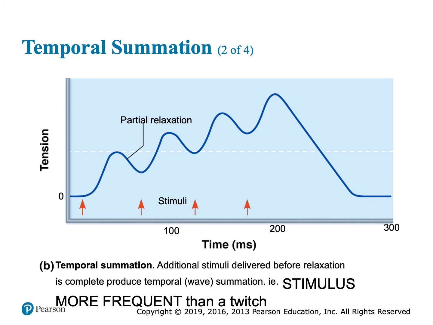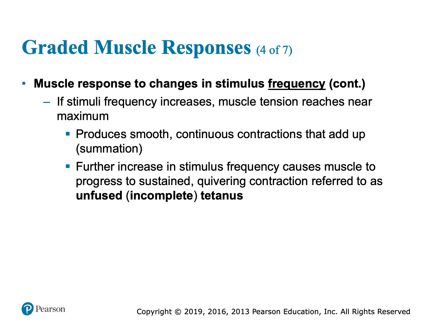By number 29, you've got the burn. You've got the burn and the tightness inside that muscle. That's temporal summation. So the more you stimulate a muscle, the more rapid that stimulus, the tighter that tension is inside that muscle.